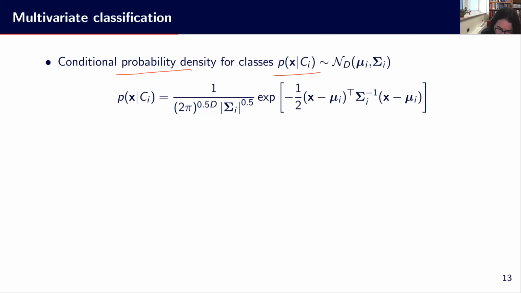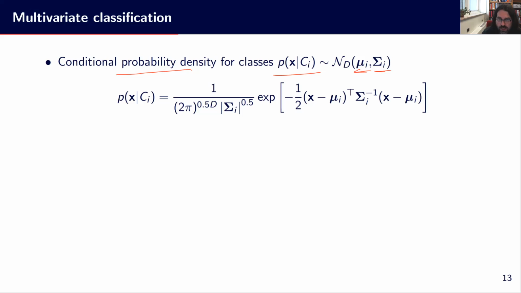So what we do here for classification is that we assume that each class is following a different Gaussian distribution, and that Gaussian distribution for class Ci is characterized by two parameters: the mean vector for class Ci and the covariance matrix for class Ci.